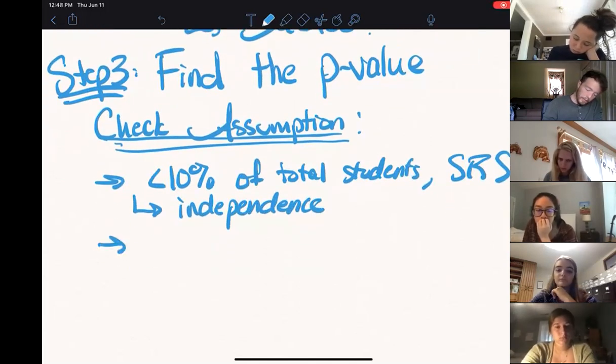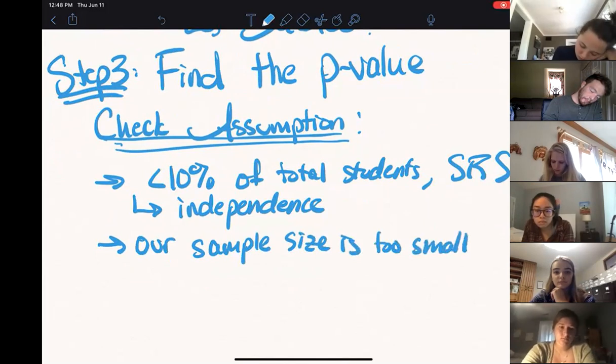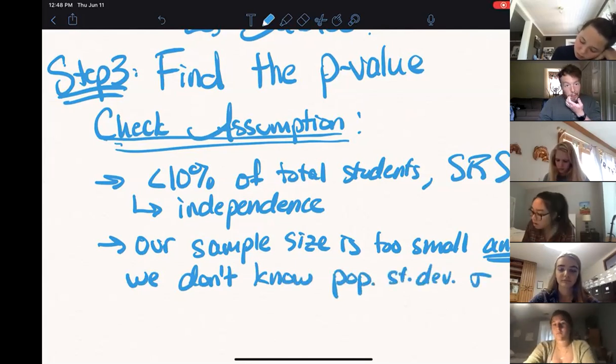The other problem is that our sample size is too small. And we don't know the population standard deviation sigma, right?